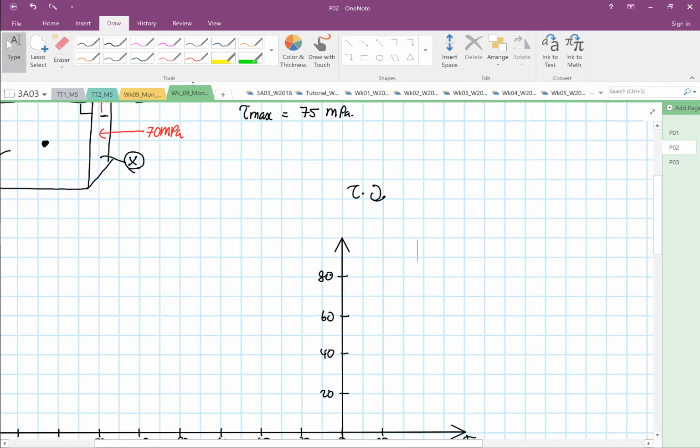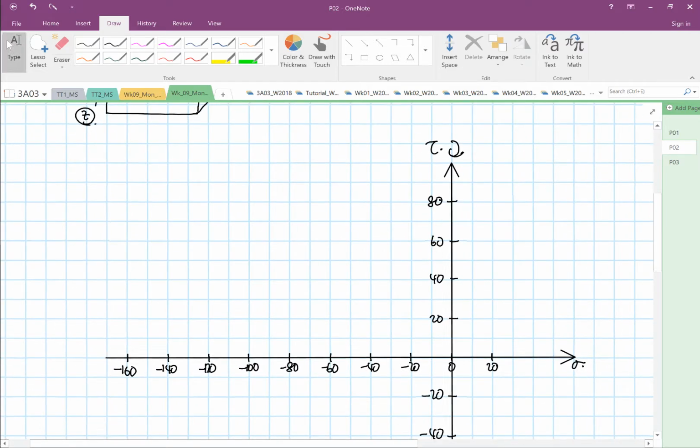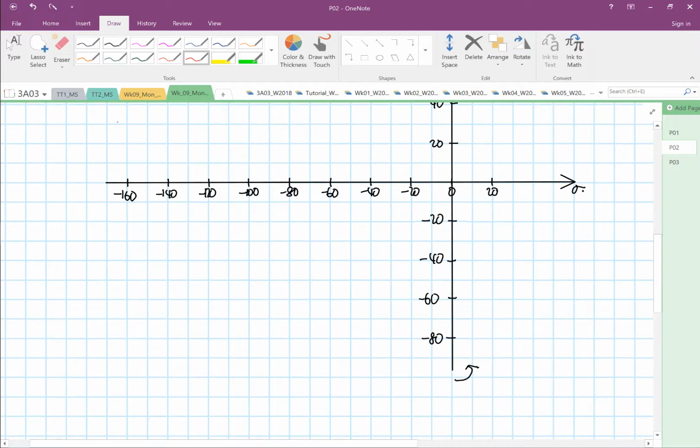And then we have our 75 and 150. So let's draw the limits. We know that this is 75, and then you have the other one going over here.